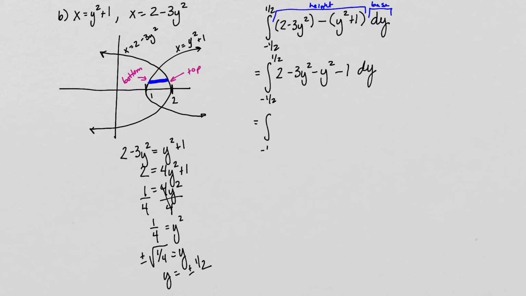So we're going to have the integral from minus 1/2 to 1/2 of 2 minus 1, which is just 1, and then a minus 3y squared and a minus y squared is minus 4y squared, dy. And then the integral of 1 is going to be what? y, right? And the integral of 4y squared is going to be?